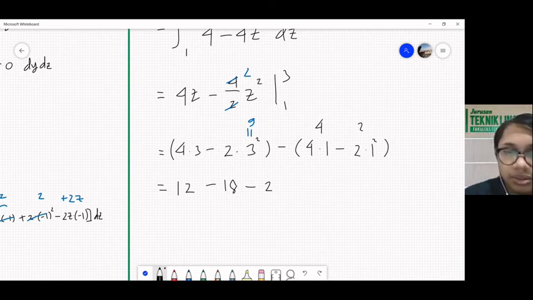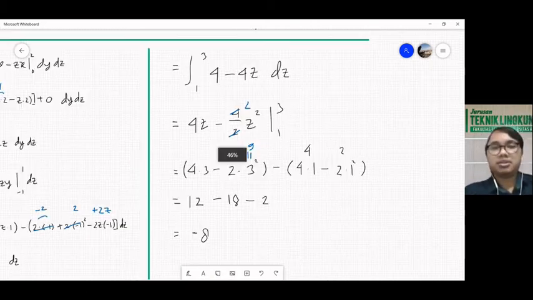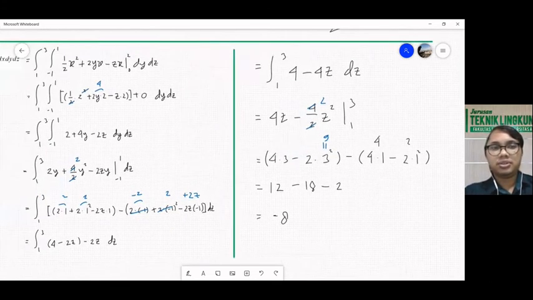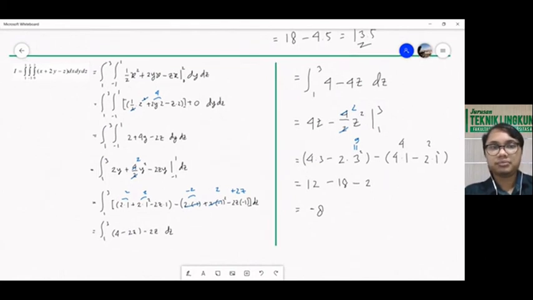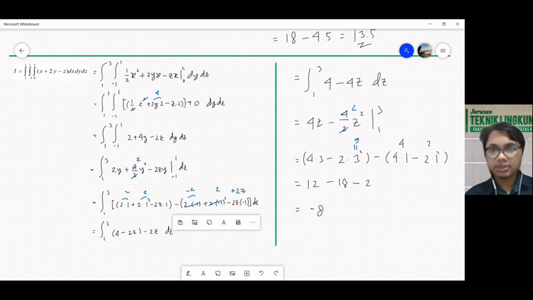Then the result is minus. Okay, it's quite long. You need to focus and be careful in doing the operation. But the solution is very simple, only minus.